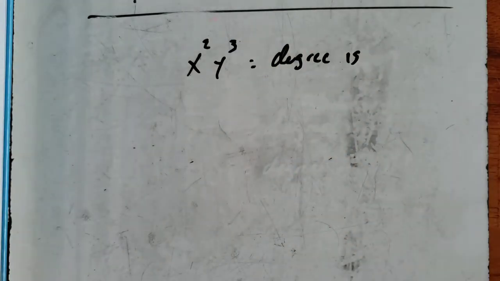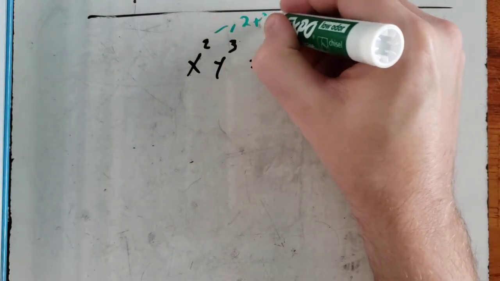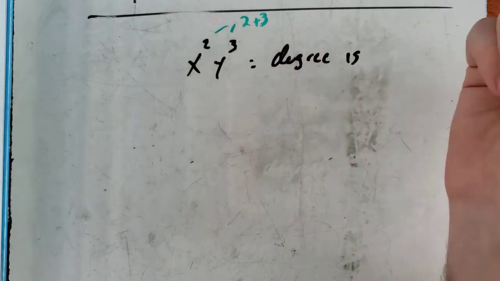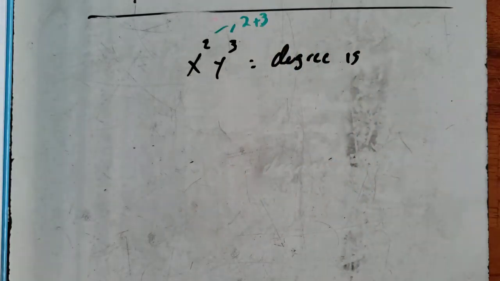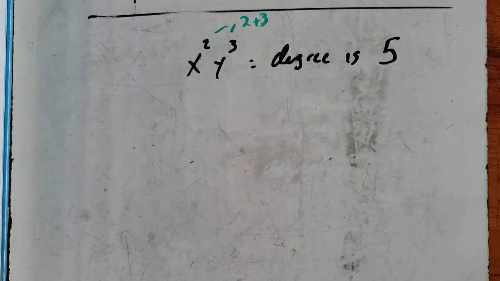So you're doing 2 plus 3. Your degree would be 2 plus 3, which is 5. Add the exponents.